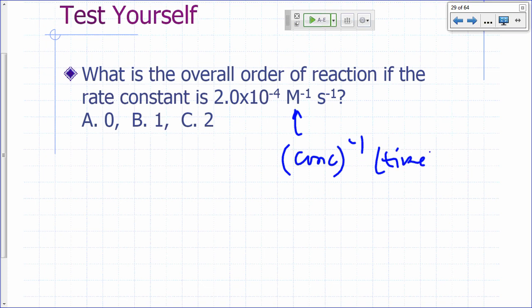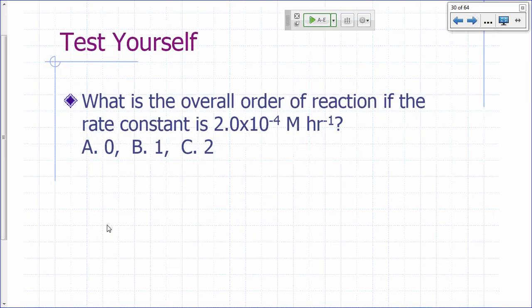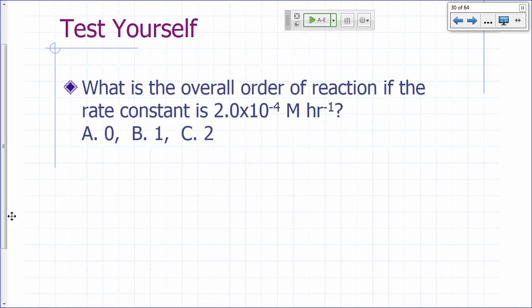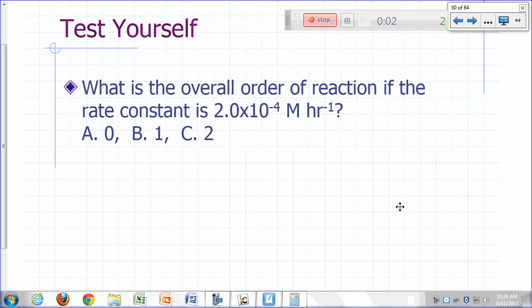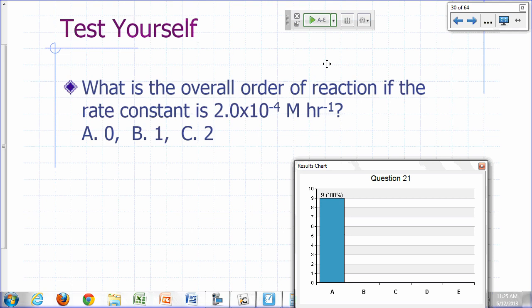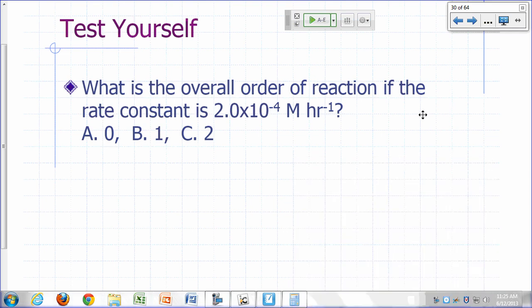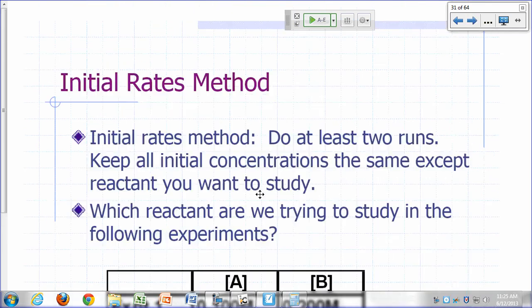Times a reciprocal time unit. How about this one? What's the overall order if the rate constant is 2.0 times 10 to the -4 moles per liter per hour? Correct answer, zero order. Very good. Concentration unit times the reciprocal time unit.